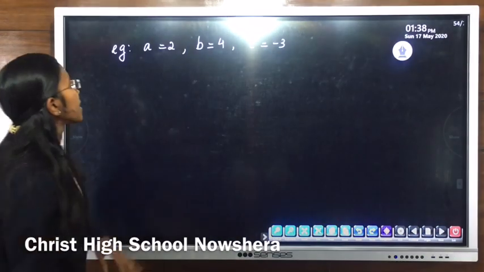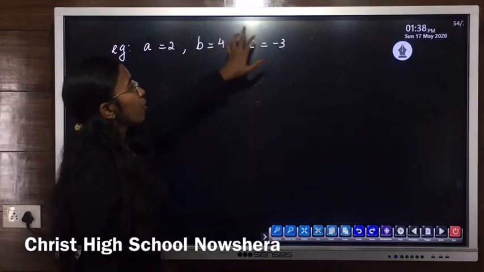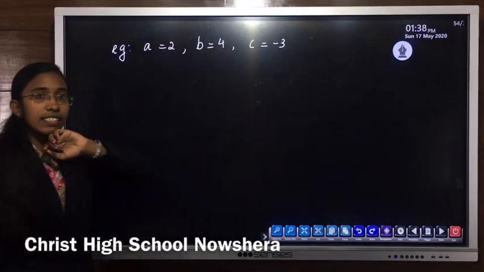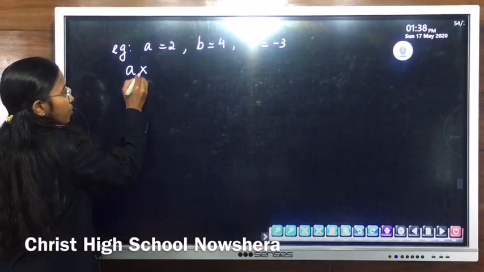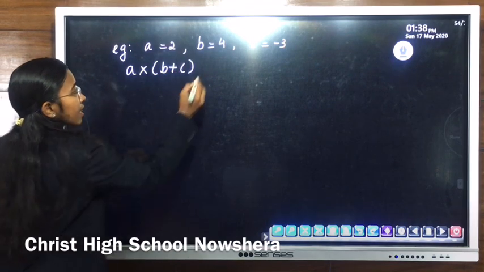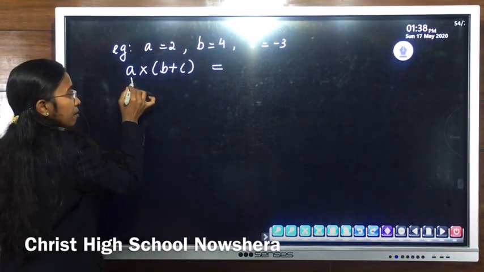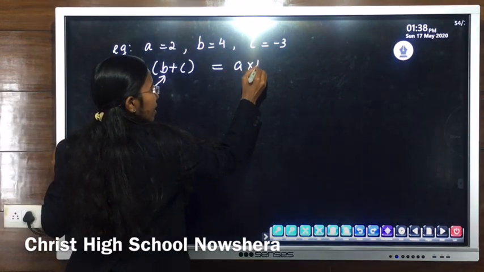Okay, this is an example. Suppose we take a is equal to 2, b is equal to 4 and c is equal to minus 3. What is our distributive property? a into (b plus c) is equal to, first we multiply a and b, that is a into b.